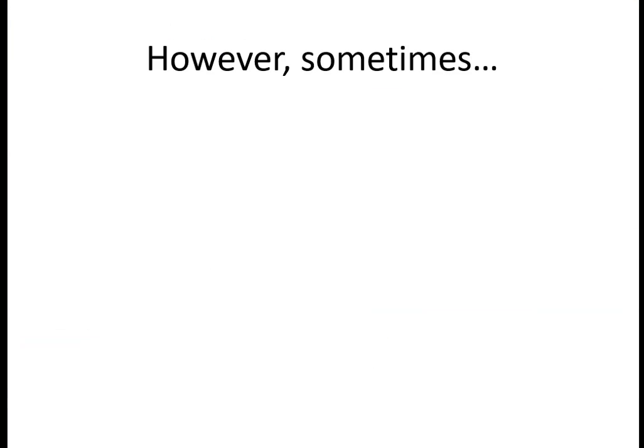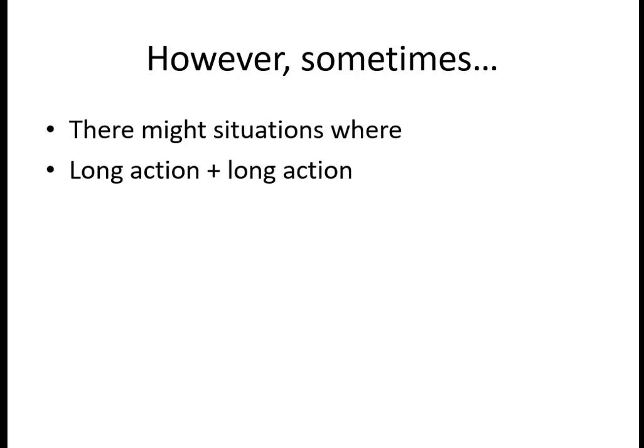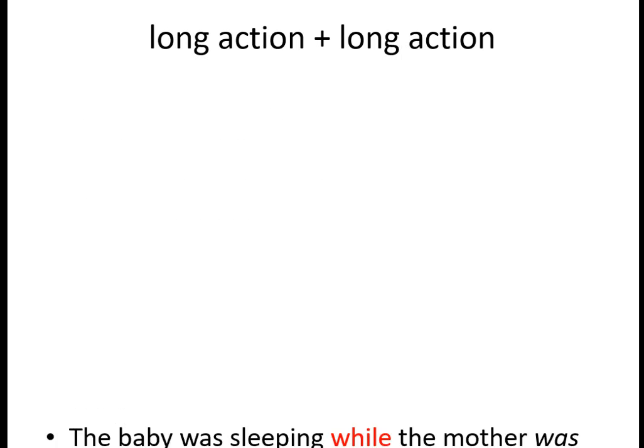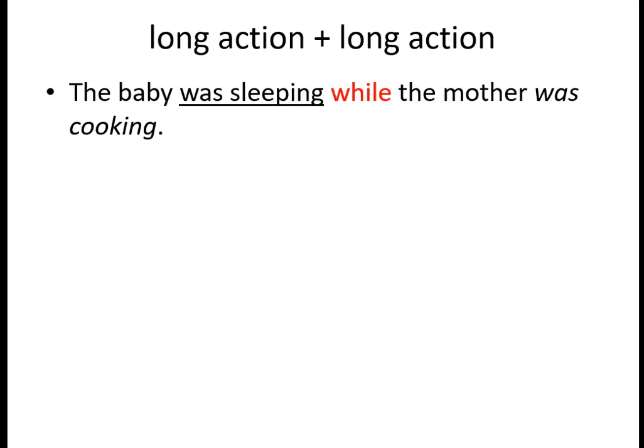However, sometimes there might be situations where there is a long action plus a long action. Yes, sometimes we use while with two long actions. Or we can use when with two short actions. Let's look at the long action plus the long action. The baby was sleeping while the mother was cooking.